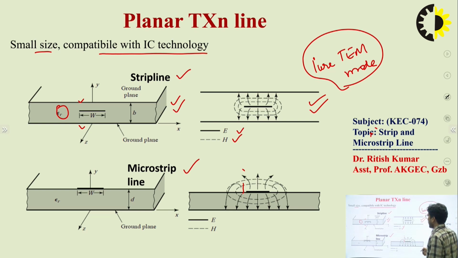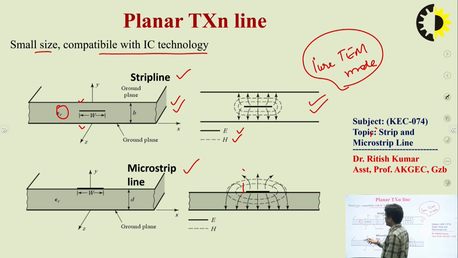microstrip line. As you can clearly see here, the surrounding media around the strip line is not uniform, as the downward side of the strip line is a different material from the upward side.